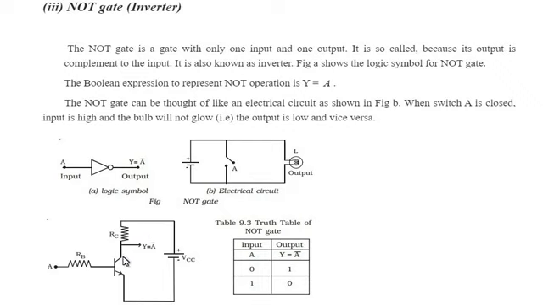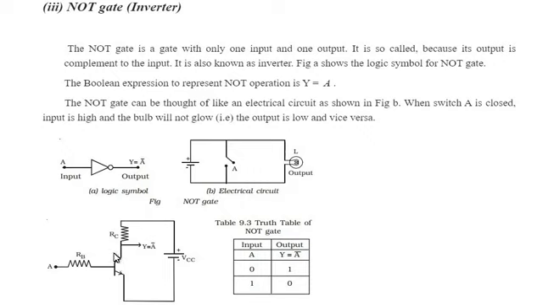When the input A is high, the transistor is driven into saturation and hence the output Y is low. If this A, that is the base of the transistor, is low, then its collector will be high and the transistor is in cutoff.